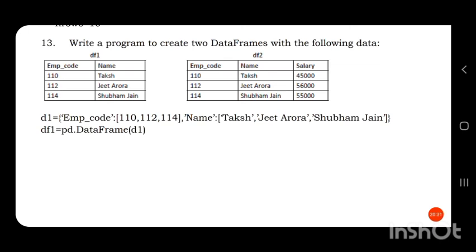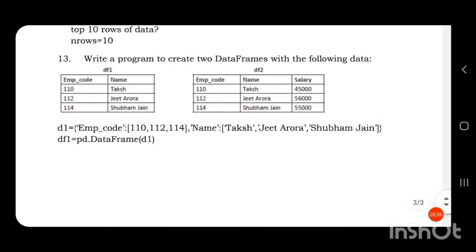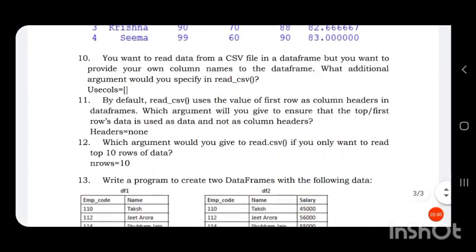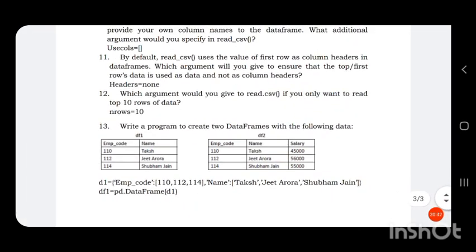Then in the next line df2 is equal to pd dot DataFrame of d2. Like this you can print the two data frames.